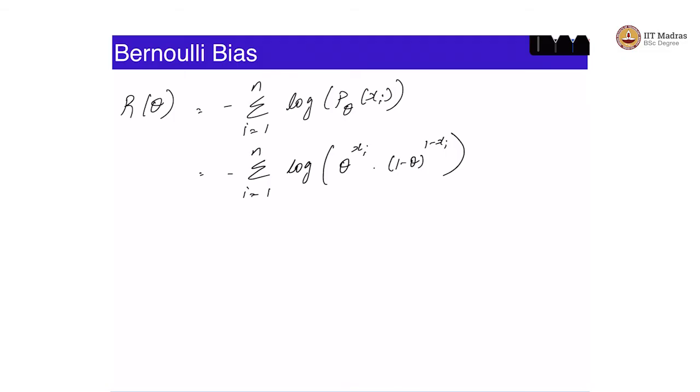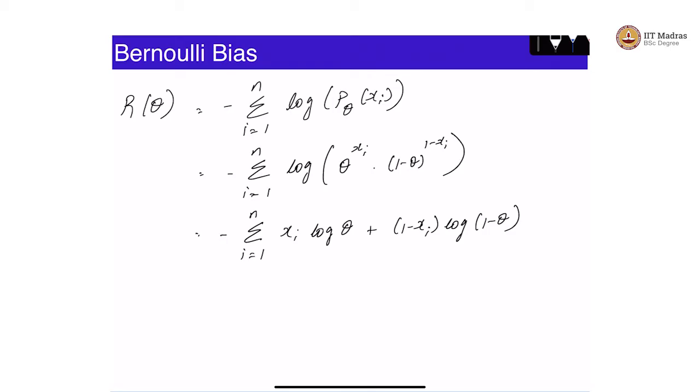So this we can write as minus sum over i equal to 1 to n of xi log theta plus 1 minus xi log of 1 minus theta. This minus is common across everything.